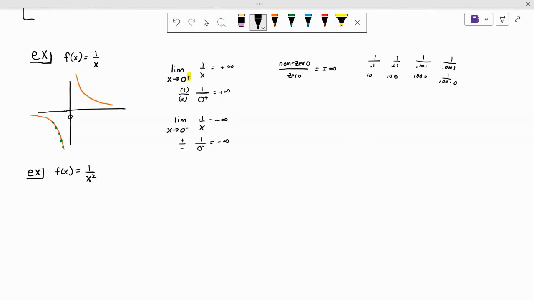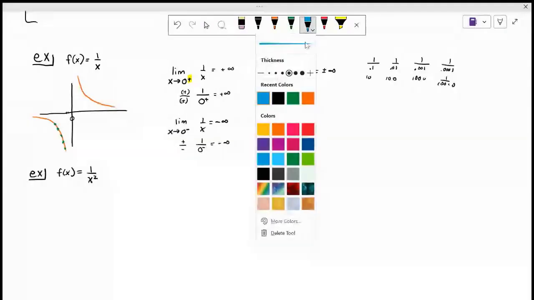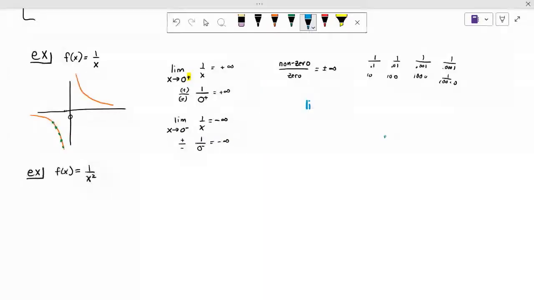In fact, I think you can write down a general rule. The limit as x approaches 0 from the right, so x is going to be slightly positive, of 1 over x to an odd power is going to be positive infinity.